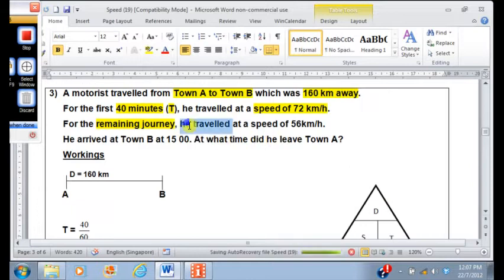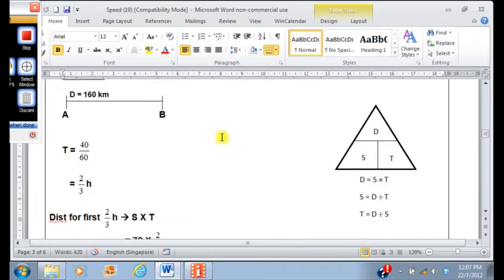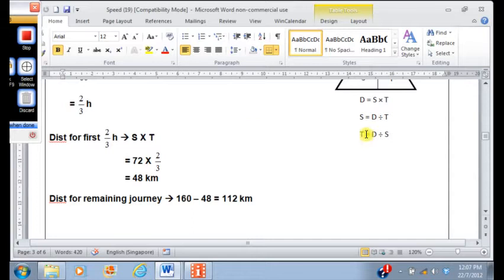He traveled at a speed of 56 kilometers per hour. This is our speed. We have distance, so we can go and find the time. The time will be distance divided by speed.